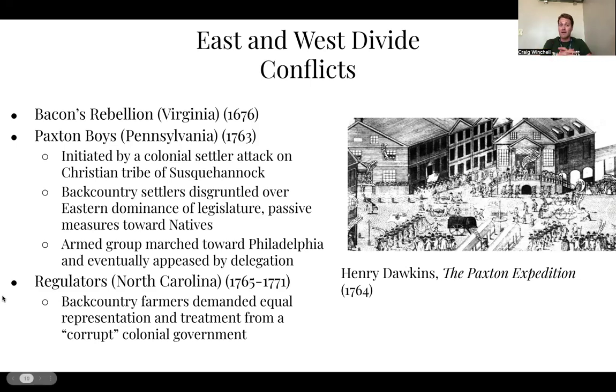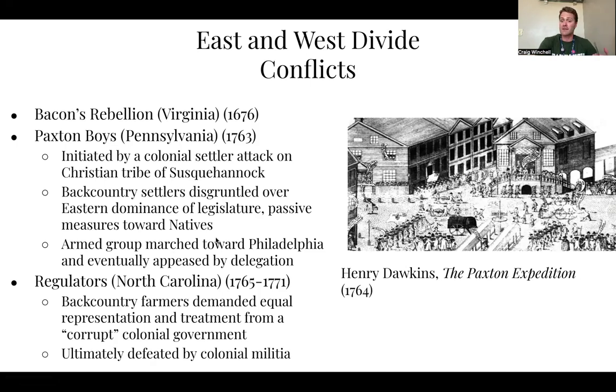So all three of these rebellions, we spent great time yesterday with Bacon's, help us understand the growing divide in the colonies between who is seen as the elites that have consolidated power over self-government institutions, like the House of Burgesses, and the frontier farmers who feel unrepresented in society, as their only recourse they feel is to burn things down and make a mess. Cool. Much like Bacon's Rebellion, this Regulator movement in North Carolina is ultimately defeated by a colonial militia. So this is a good example of class conflict in the colonies.